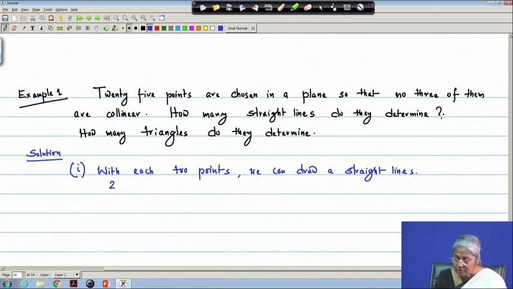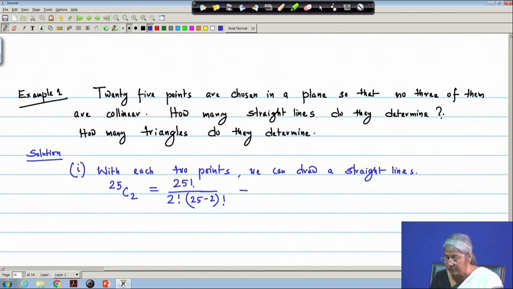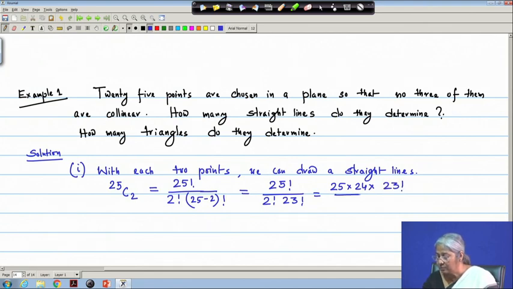So, this is 25C2, equal to 25 factorial divided by 2 factorial into 25 minus 2 factorial, which becomes 25 factorial divided by 2 factorial into 23 factorial, equal to 25 into 24 into 23 factorial divided by 2 into 1 and 23 factorial.